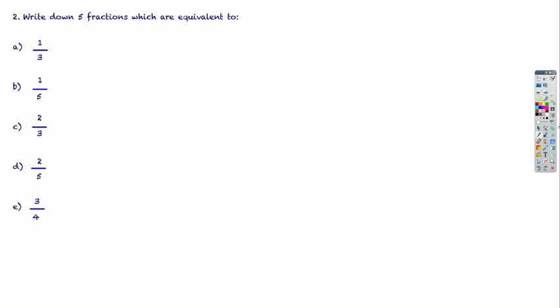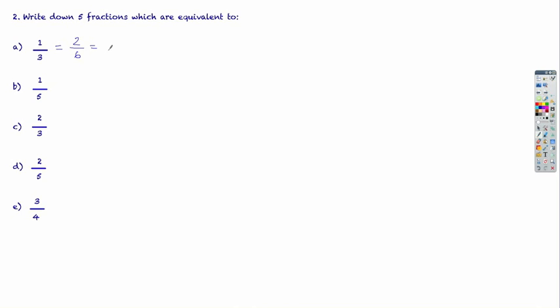Okay, for the next question, you're going to write down 5 fractions which are equivalent to a few fractions you're given. So let's do the first one together. 1/3 is the same as, and then you need to think of a number to multiply the top and bottom numbers with. So if we multiply by 2, I get 2 over 6.